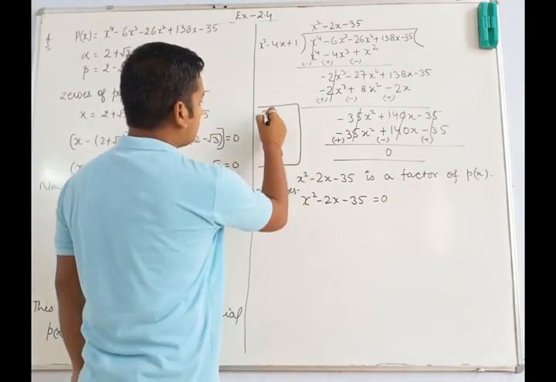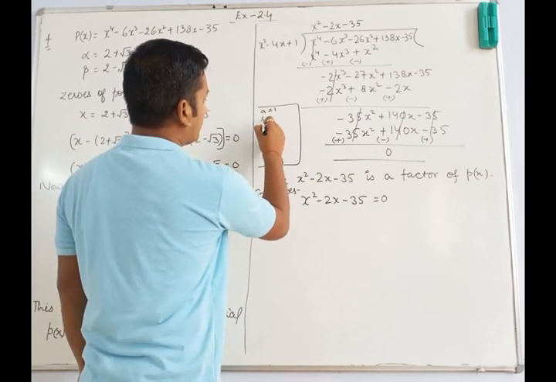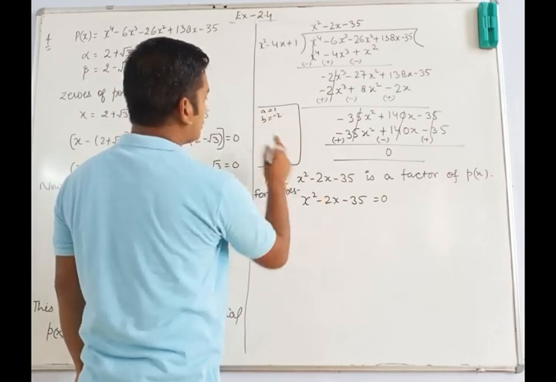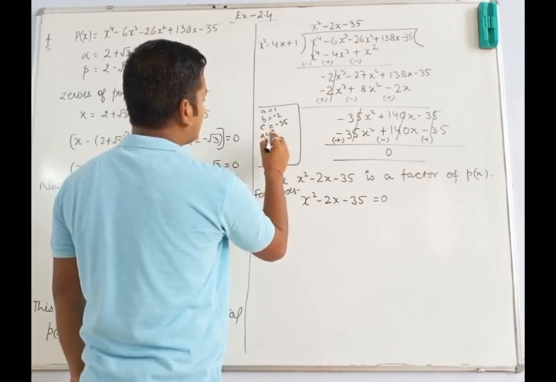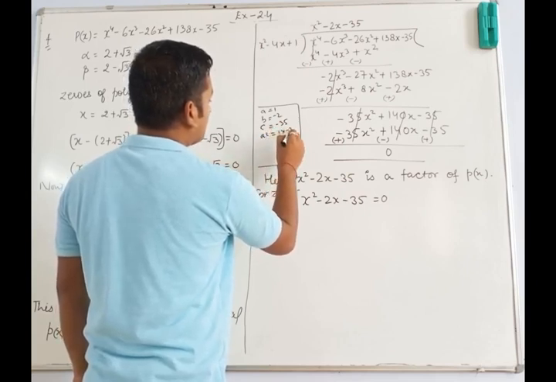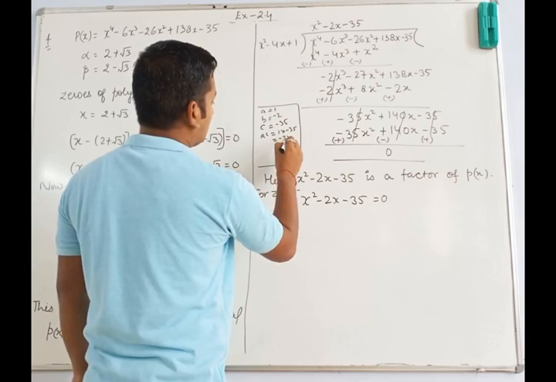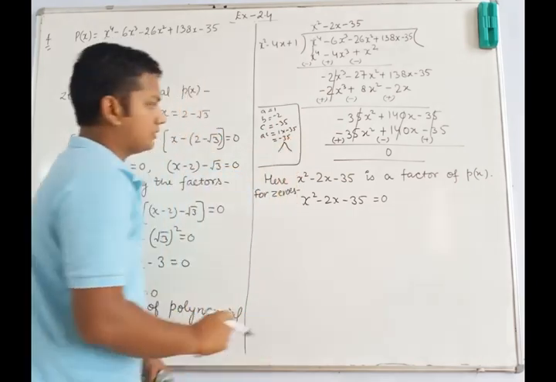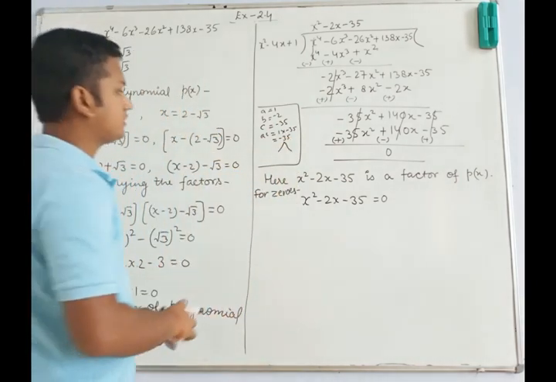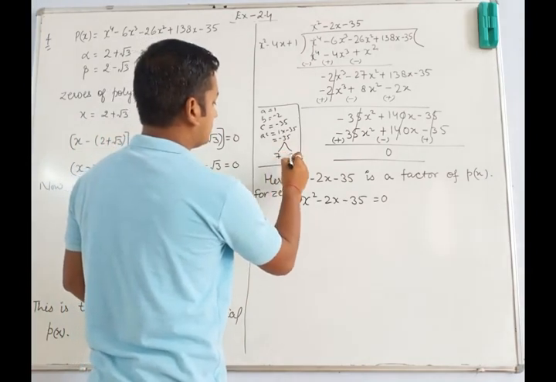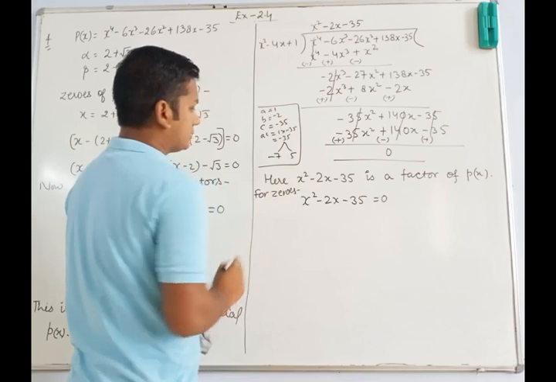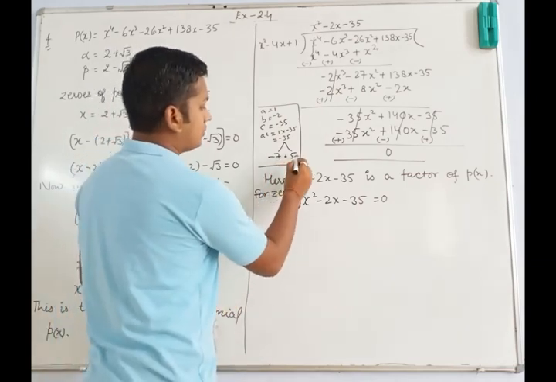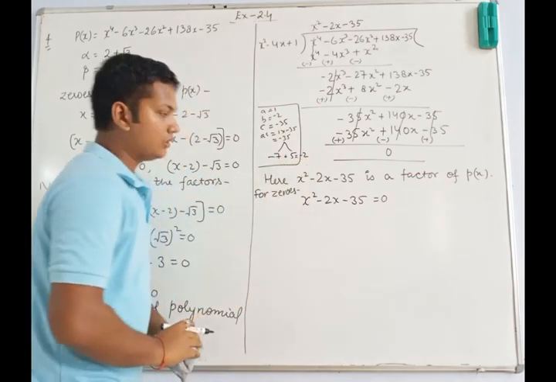Here a is 1, b is −2, and c is −35. So the multiplication of a and c will give you 1 into −35, that is −35. Now we have to factorize it. 7 fives are 35. One should be negative, so −7. The addition of these two will give you −2.